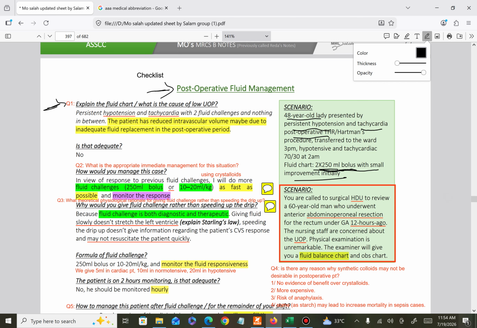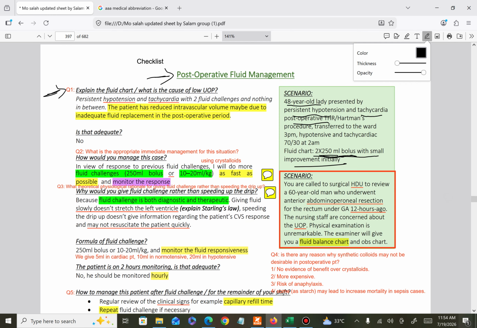So the first question is explain the fluid chart and what is the cause of low urine output. Persistent hypotension and tachycardia with 2 fluid challenges and nothing in between.